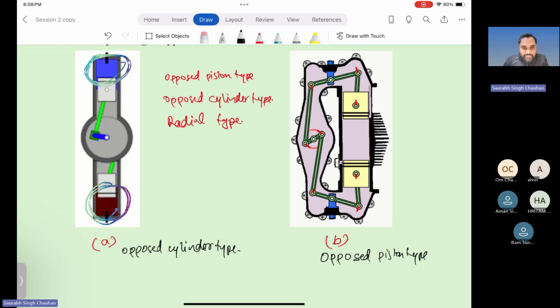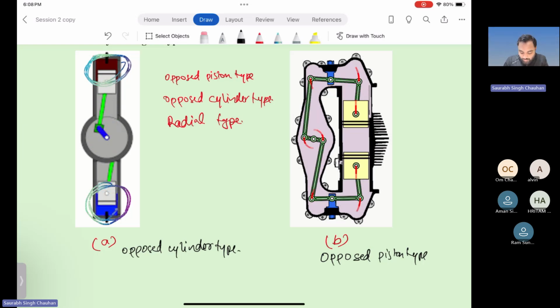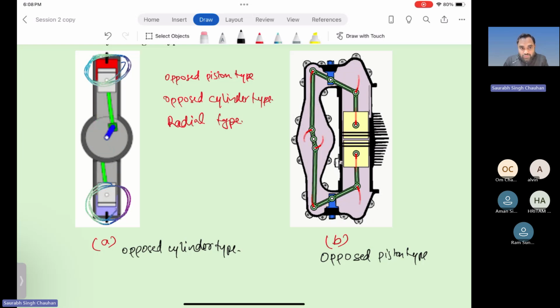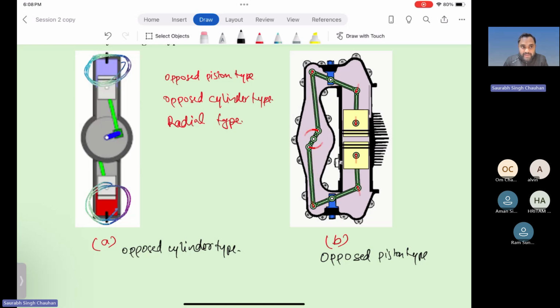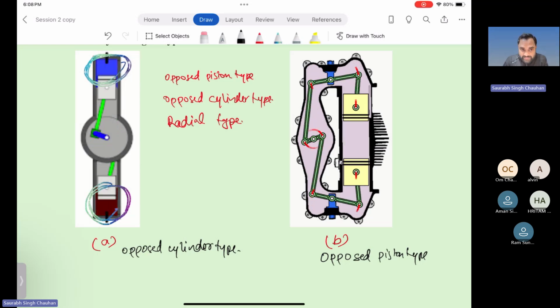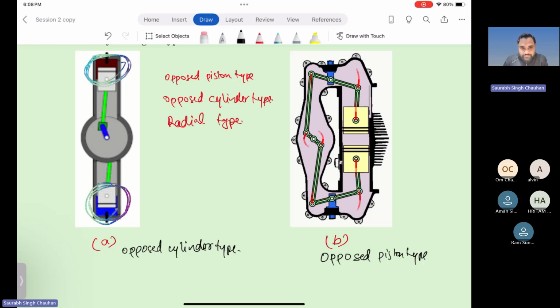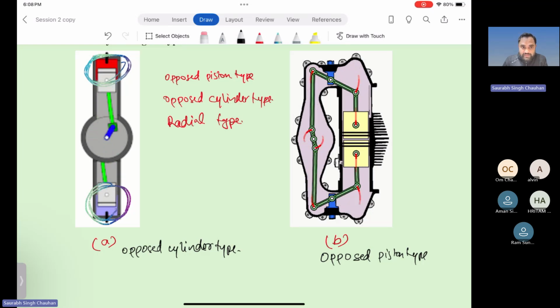Okay. So in picture A, this is opposed cylinder type, but we have shown only two cylinders. But in real cases, there can be more than two cylinders, like there can be four cylinders. Four cylinders means two pairs of two cylinders, right? Are you getting what I mean? So there can be more than two cylinders as well, and there will be pairs of cylinders.